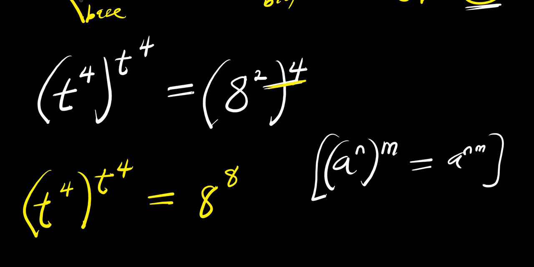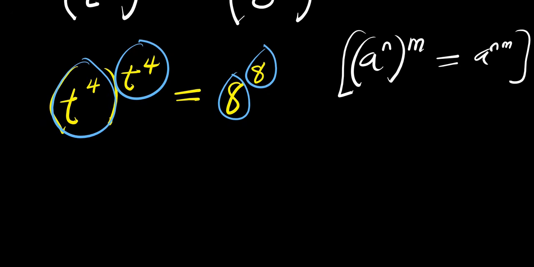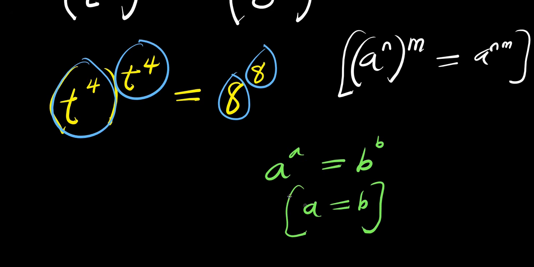So at this particular point in time, we have t power 4 here, we have t power 4 here, we have 8, we have 8. So what we can do will be to consider this identity. If you have a power a, this equals b power b, that means a equals b. So we can easily say that t power 4 equals 8.